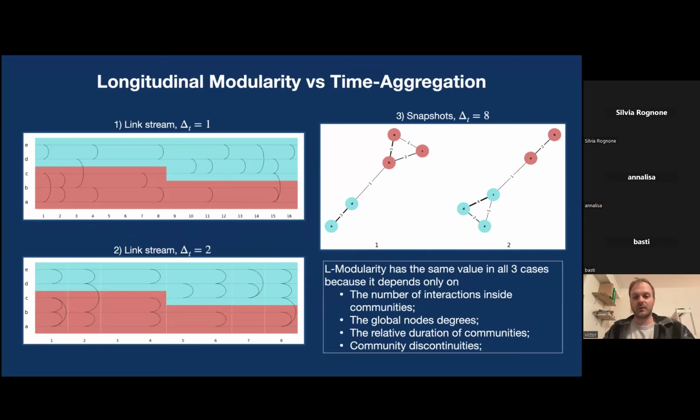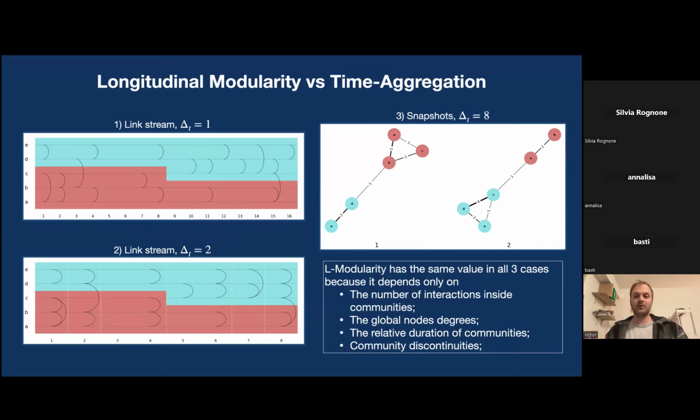And the next property that I would like to introduce now is that the 2 formulas I introduced in the previous slide are independent of any time aggregation.